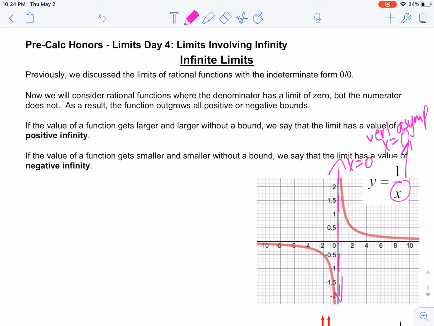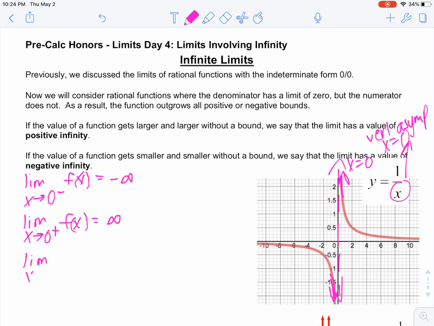Okay, so if I'm looking at the limit as x approaches 0 from the left of f of x, this is decreasing without bound, so it's going down to negative infinity. Limit as x approaches 0 from the right of f of x, well, now that's increasing as we approach 0 from the right. So that's going to positive infinity.